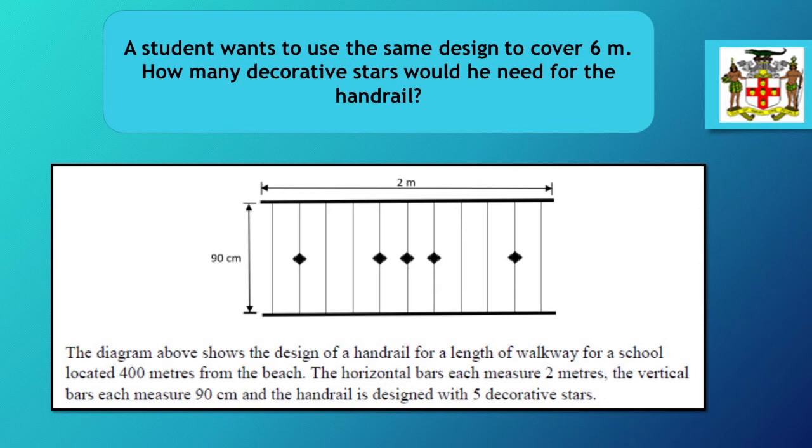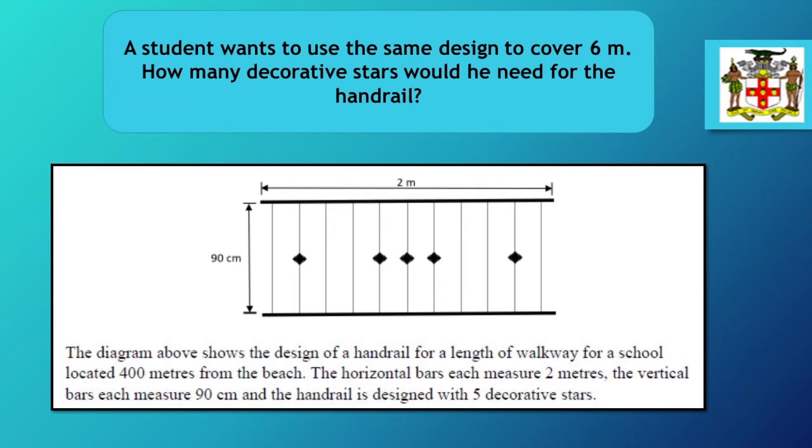Now, the question that is asked is, if a student wants to use the same design to cover 6 meters, how many decorative stars would be needed? Remember, the bar had a total length of 2 meters. So what would you need to get 6 meters?